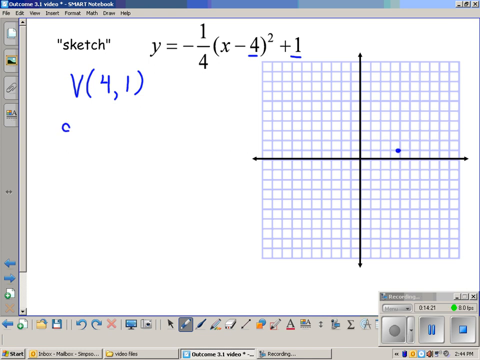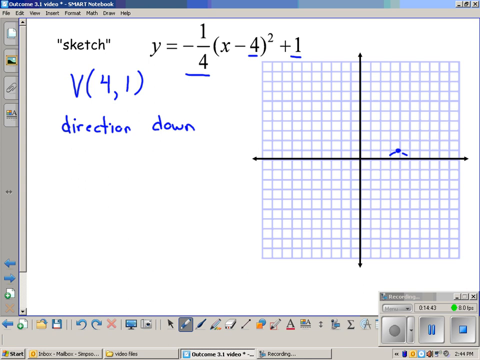Let's look at the direction that our parabola will open. Because our a value is negative, the direction of our parabola will be opening down. So from this point, I know that my parabola is going to open in a downward direction.